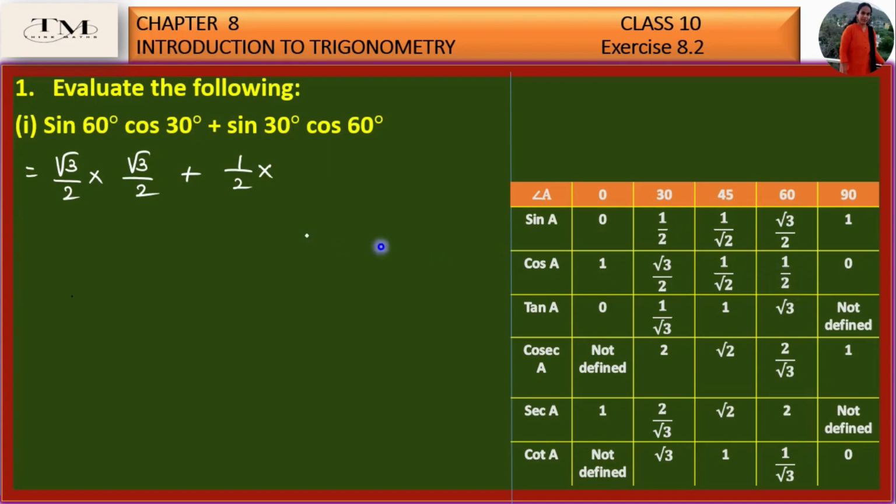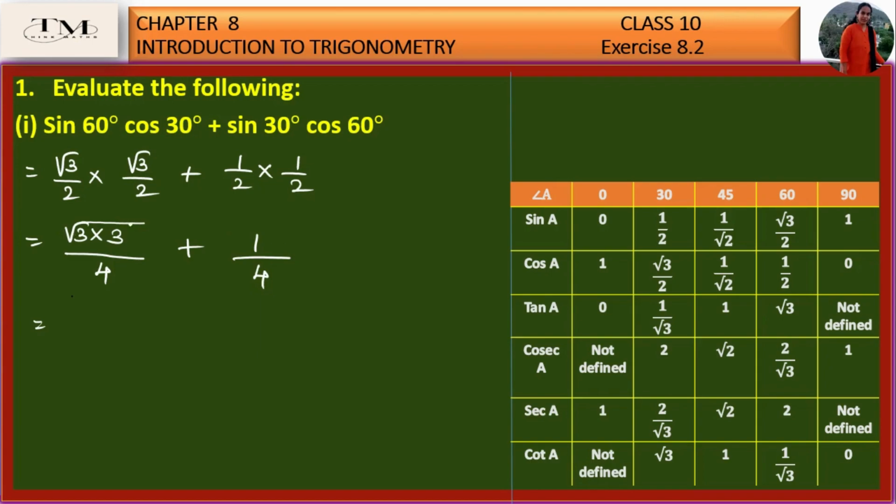Okay, children. Now we have to calculate. In the numerator, it is root 3 into root 3, which makes root 3 into 3, divided by 2 into 2, that is 4, plus in the numerator 1 into 1, which is 1, and 2 into 2, which is 4. What is root 3 into root 3?